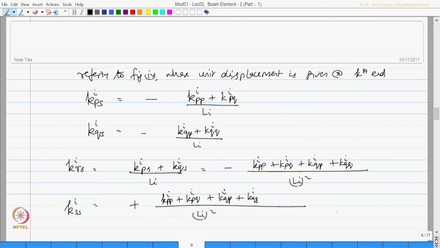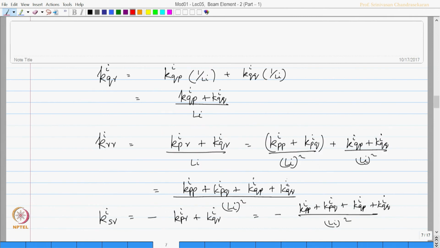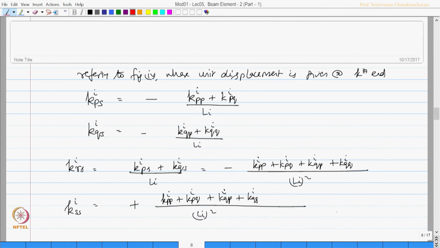So, friends, if you look at these equations, which are end shear, they are expressed in terms of the rotational coefficients. The interest is the end shears can be expressed in terms of rotational coefficients.